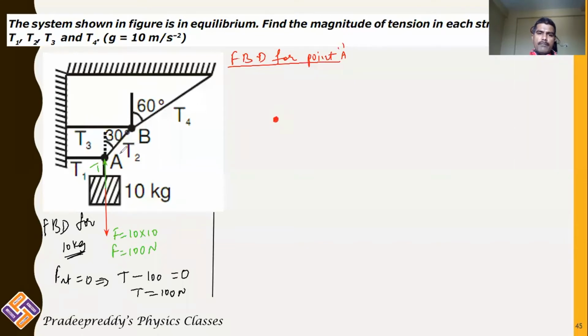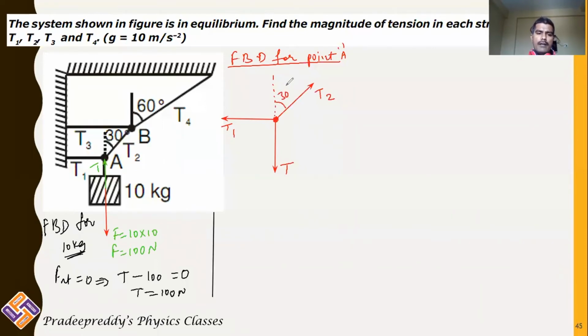There is one tension on the left side, one tension downward, and another tension in this direction, marked as T, T1, and T2. The angle with this is 30 degrees.